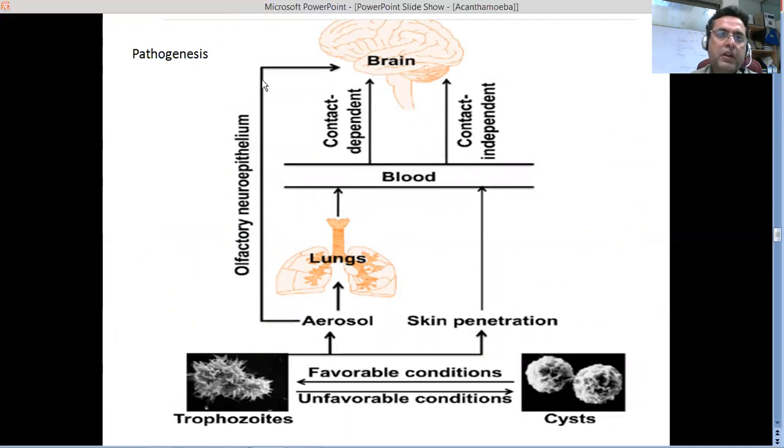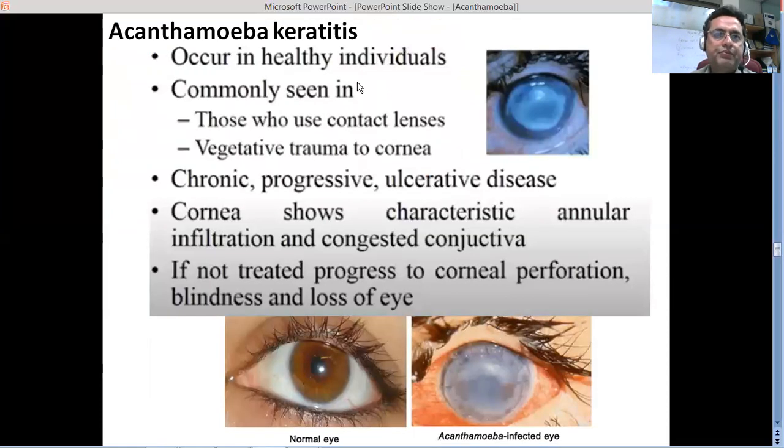On the other hand, aerosol can also be taken up directly through your nose, and they can also reach the brain through that particular route. And skin penetration is another route through which you can be infected with the trophozoites, and from the skin it goes into the blood, and then again the destination is the same.